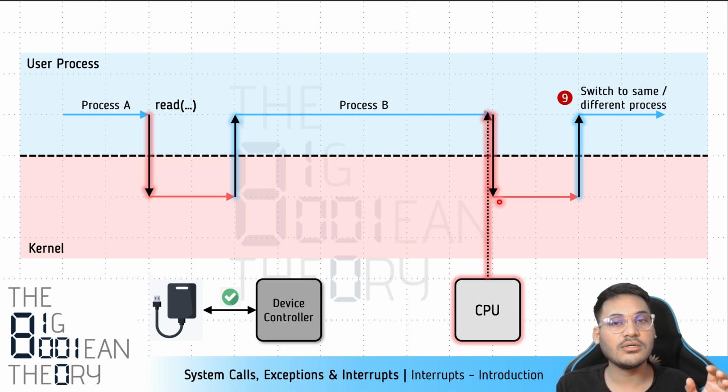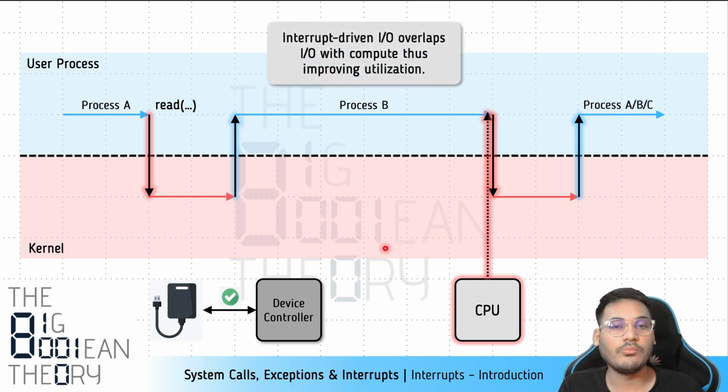And then once it is decided to which user process the CPU should be allocated, the control is then transferred to that particular user process. So this completes the interrupt driven IO, right? We now have a good idea of what interrupt driven IO is.